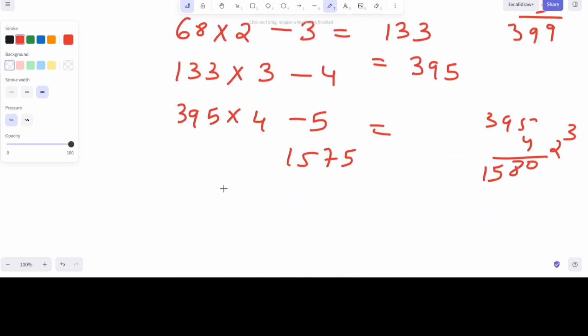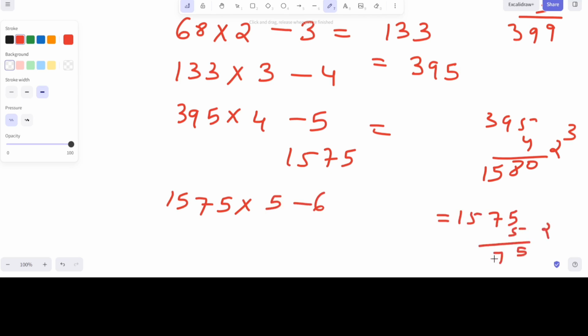So similarly, next term is 1575 into 5 minus 6, that is equal to 7869, right?